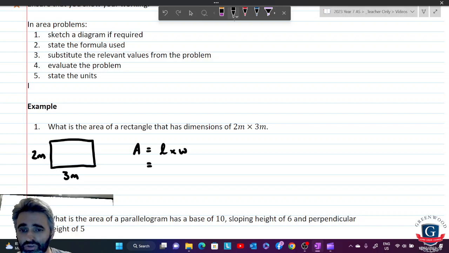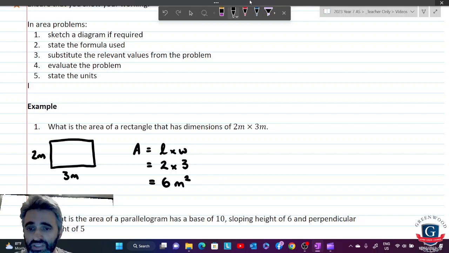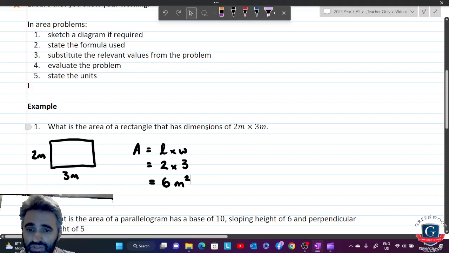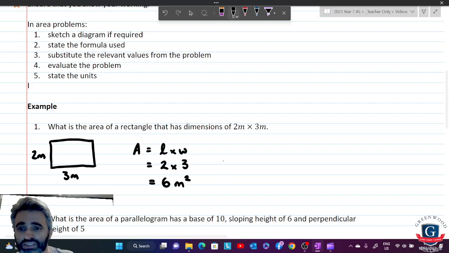The length is 2, the width is 3. We can evaluate that now after we've substituted. That gives us a total of 6 meters squared. The units are meters, so the area units will be meters squared. And that's correct. Let's give it a tick.